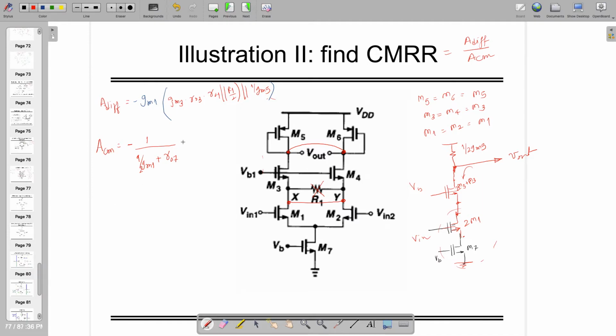It's GM3 times RO3 by 2, because that's getting half. So this is going times GM1 times RO1, I'm removing 2, and times RO7 in shunt with 1 by 2 GM5.